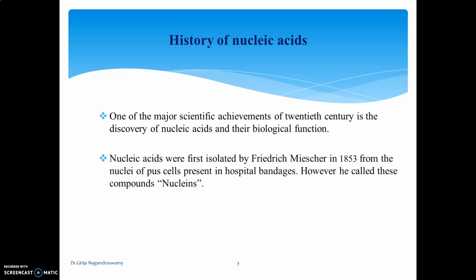Nucleic acids were first isolated by Friedrich Miescher in 1853 from the nuclei of pus cells present in hospital bandages. However, he called these compounds nucleins. Altman named them in 1889 as nucleic acids because of their acidic nature.